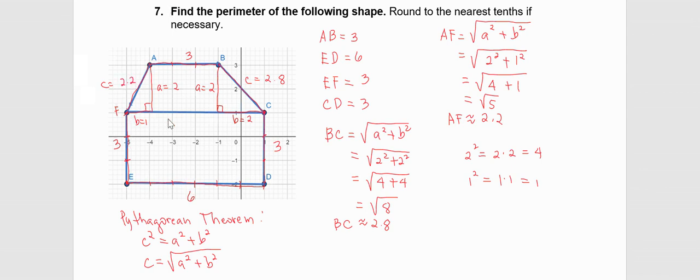So we now have the length of each side of the figure.